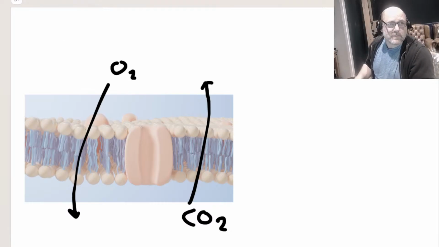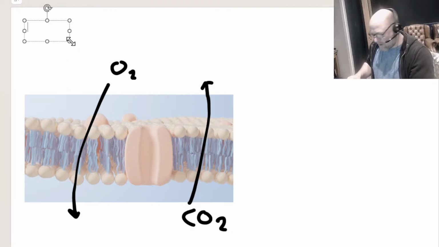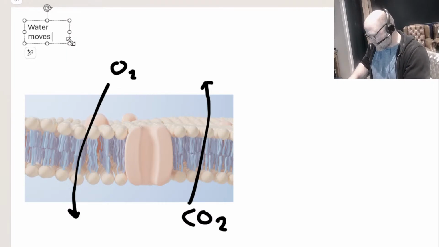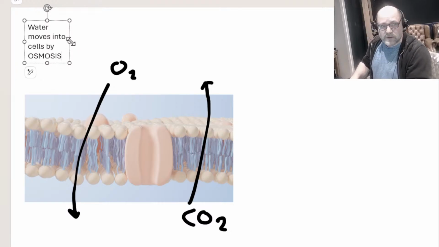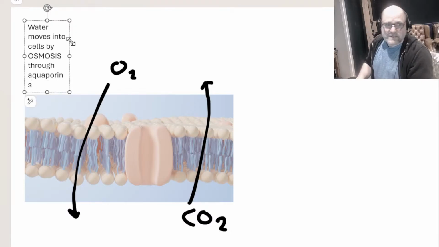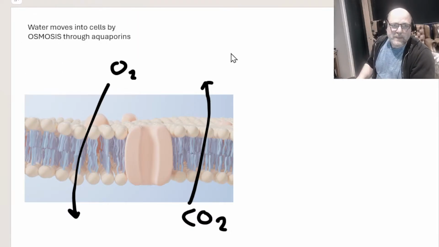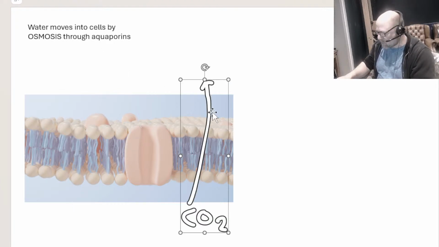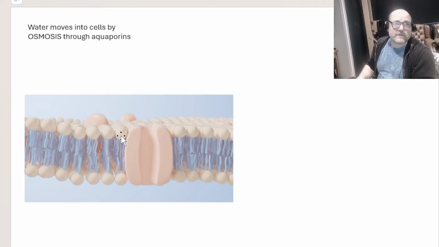So water is going to move in and out by osmosis, and sometimes through things called aquaporins, which you might not have covered yet. Aquaporins are just special protein channels specially for water.